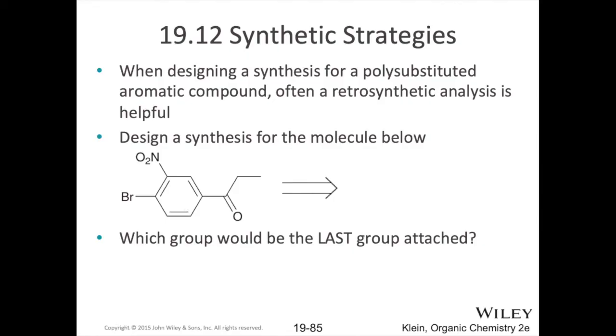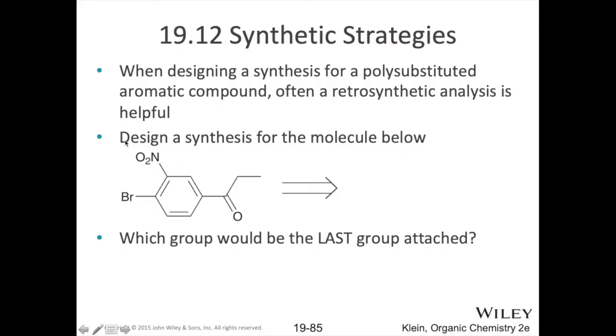So a big hint here would be how activating, or rather how deactivating, our groups are. Now, all three of our groups are deactivating groups, actually. You have your bromine, which is a weak deactivator. You have your acyl group over here on the right, which is a moderate deactivator.